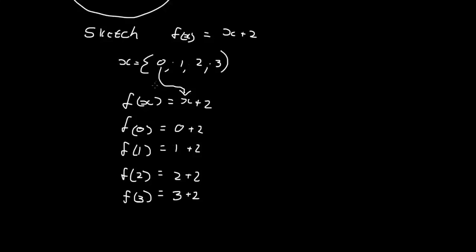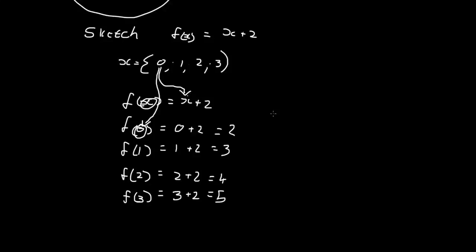In the notation, we also show what independent variable we're plugging in by putting it in the brackets by the f. So f of 0 means substitute 0 where you see an x. Right, so let's get the final values here. We've got 2, 3, 4, and 5.